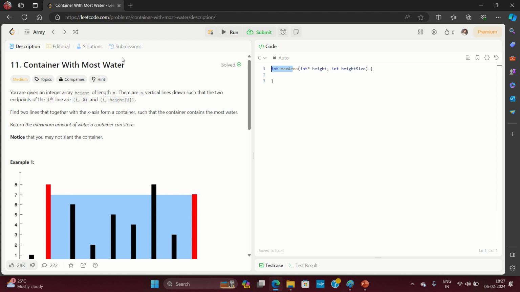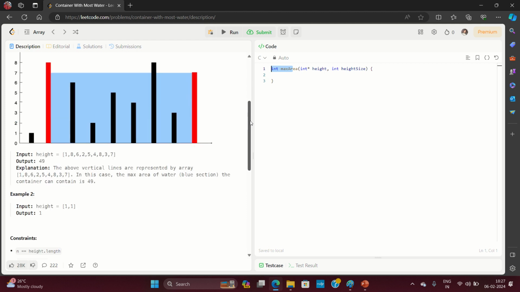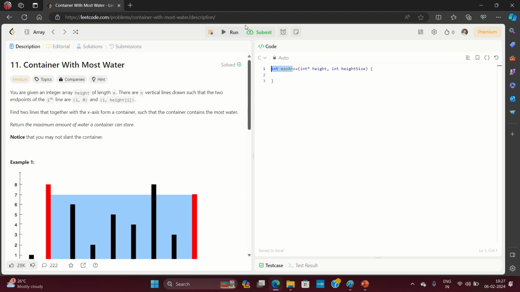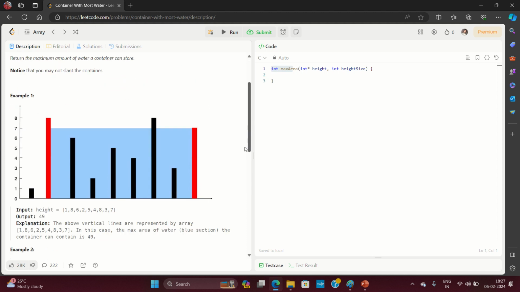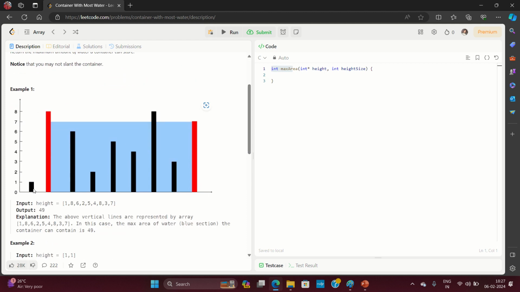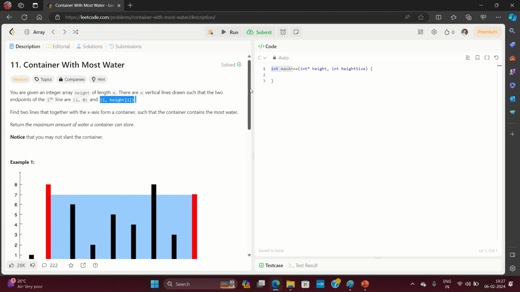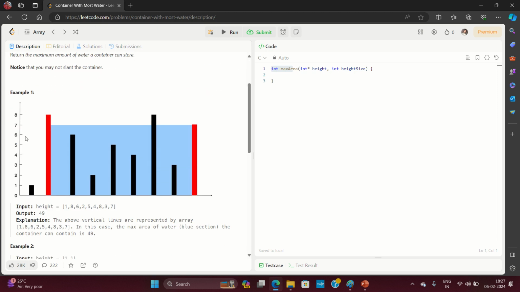The aim of this problem is that you will be given an array of heights, where the value at the ith index determines the height of each pole in a container.